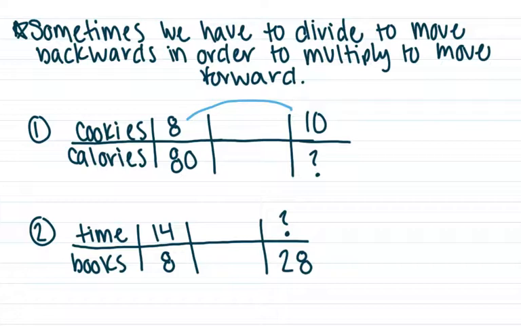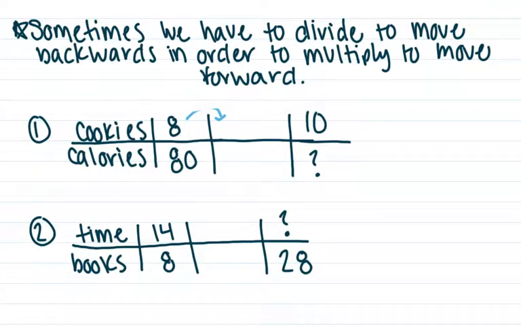So let's try to work backwards and find maybe some nicer numbers that I could work with. So instead of 8, what if I divide this by something? It has to be something I can divide 8 and 80 by. Let's divide 8 by 4.